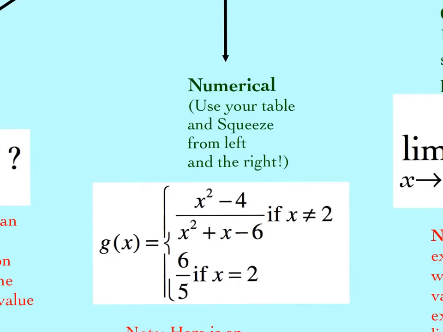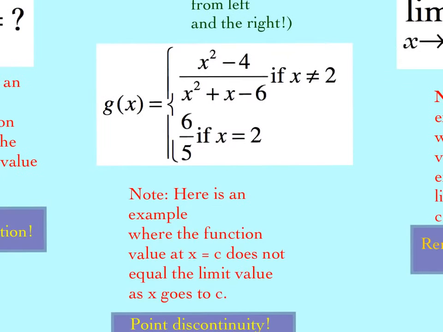We can use the numerical method if we have a place where the function is behaving badly. In this case, the denominator is 0 if x equals 2. We could use a table of values and get closer and closer to 2 to see what's going on.